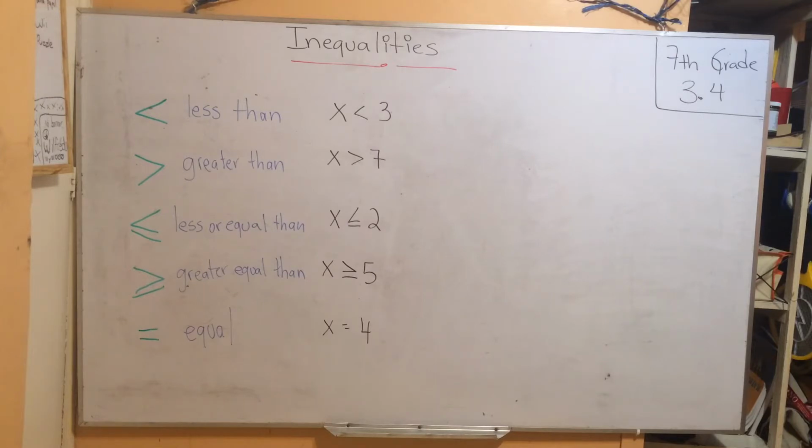We do not have the normal equal symbol like the one on the bottom. We have different types of symbols: less than, greater than, less or equal than, greater or equal than, and then just equal. Equal is the one we were using for normal linear equations.